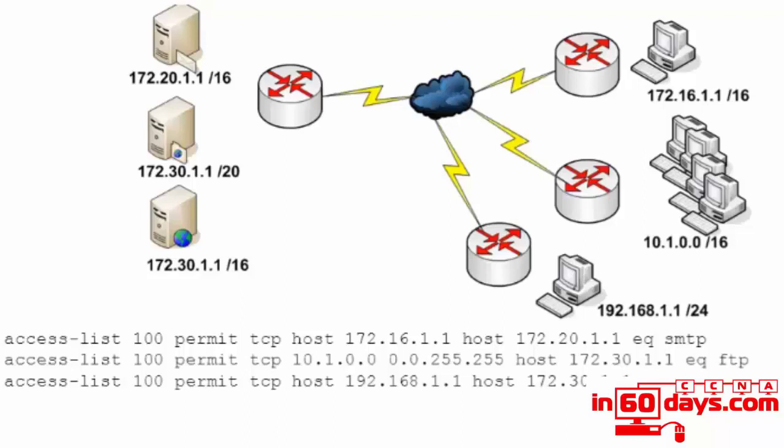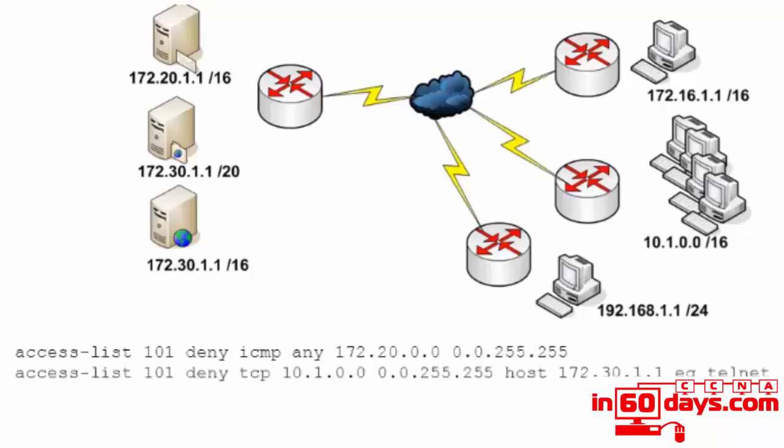So you can stop the slide for a moment, have a look at the lines of the config. Obviously the web server should have a different IP address in, but the syntax would be exactly the same. Next access list, we're denying ICMP.